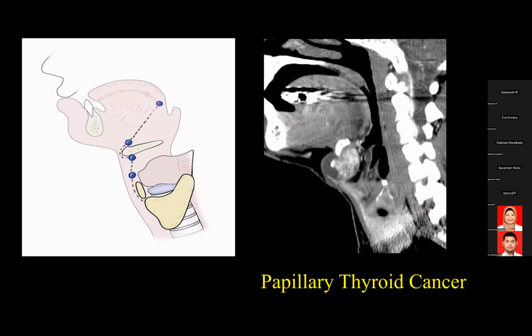Now, on rare occasions, when you look at this thyroglossal duct cyst, occasionally you can have an enhancing mass within this, and you can have a concomitant papillary thyroid carcinoma. So papillary thyroid carcinomas are the most common type of thyroid cancers that are associated with a thyroglossal duct cyst.